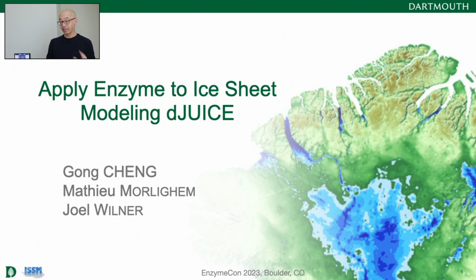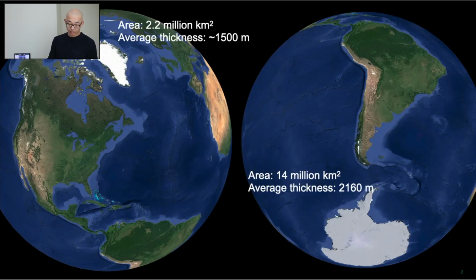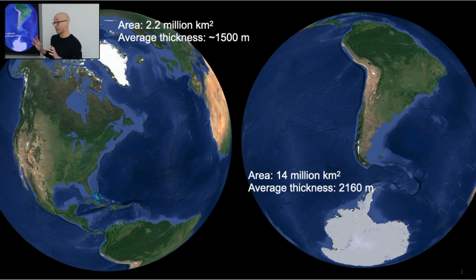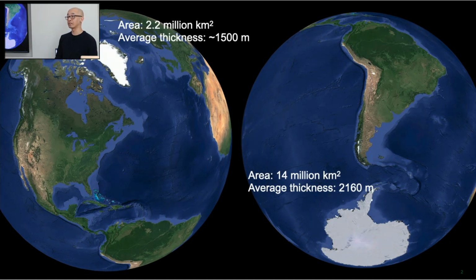So it's going to be a crash course on how to do ice sheet modeling, mostly about ice modeling. What we're looking at is the two big ice sheets on the Earth, slightly different from what Joseph has shown. These are currently the two big ice sheets on the Earth, Greenland and Antarctica. They are continental size ice.